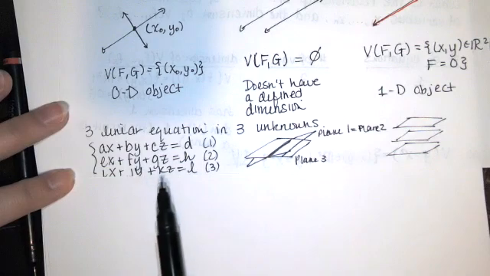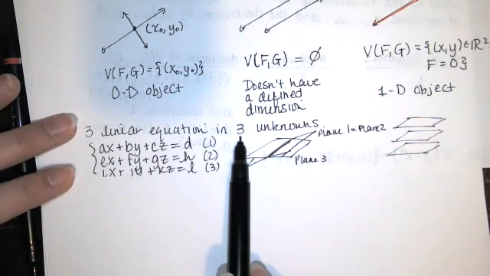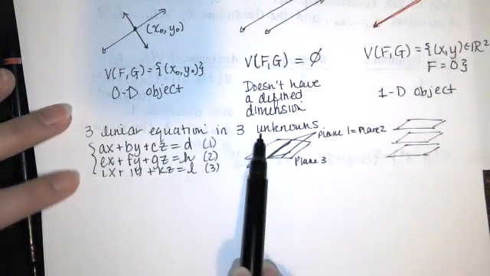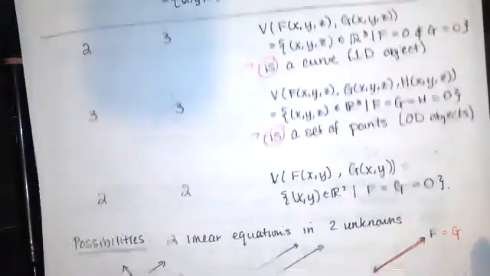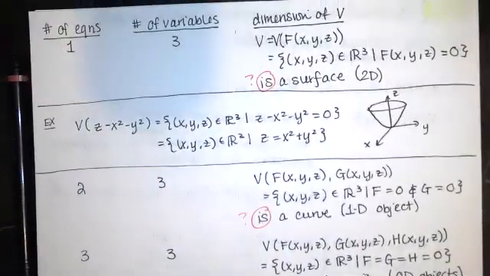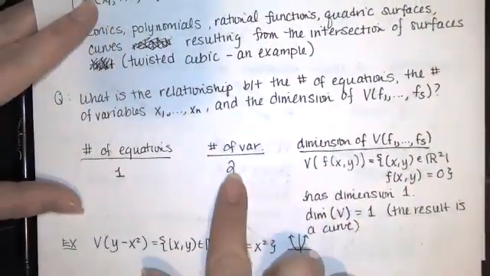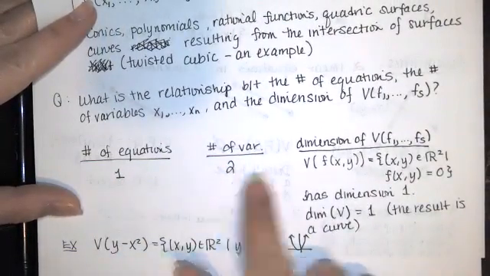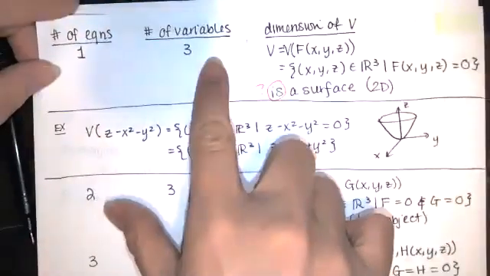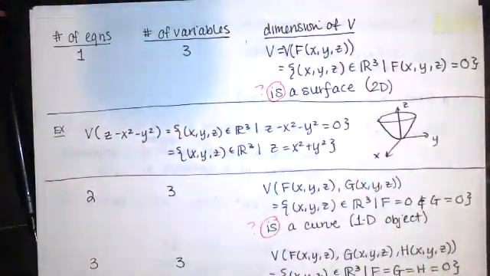But yeah, the fact that we have 3 equations and 3 unknowns doesn't necessarily mean that we're going to have a 0-dimensional object, but our intuition might suggest that's what happens. If I've got 2 variables and only one equation, that's going to give me a curve, and one equation with 3 variables is going to give me a surface.